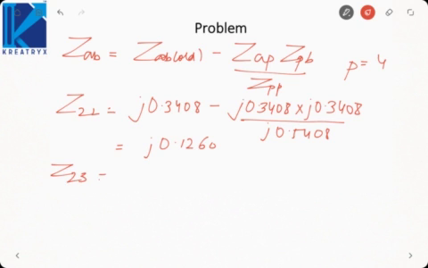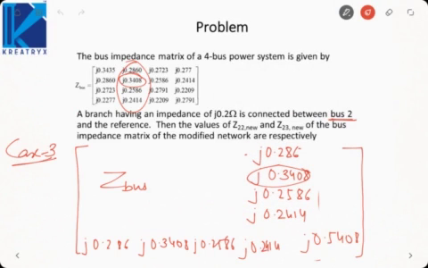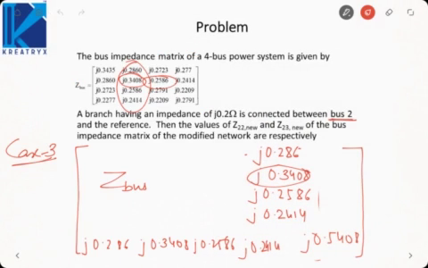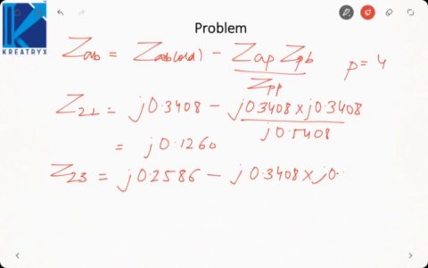Similarly, Z23 will be original Z23. Original Z23 is j0.2586 minus Z25, that is 0.3408, into Z53, 53 is 0.2586, by j0.5408.